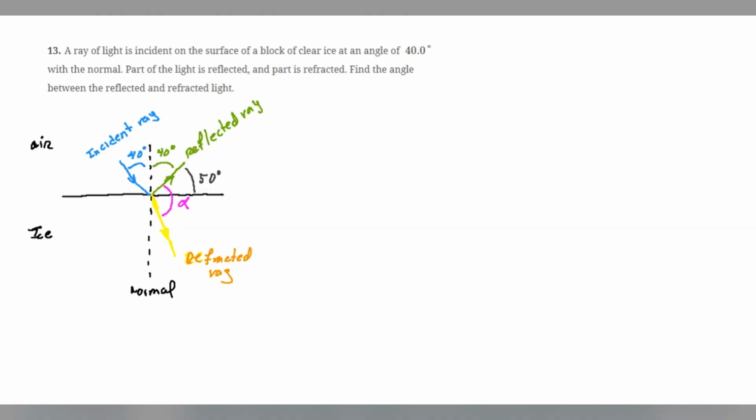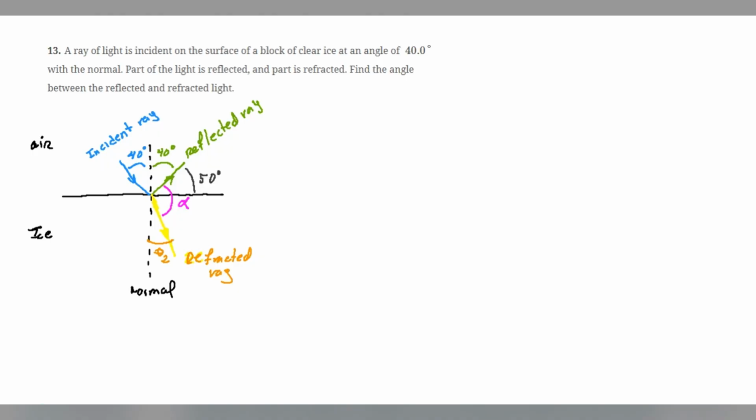Now, what else do I need to calculate? Well, I need to calculate, of course, the angle of refraction. So I need to calculate this angle, theta sub 2. Because if I can find the angle theta sub 2, I will also be able to calculate the angle between the refracted ray and the boundary between the two surfaces.